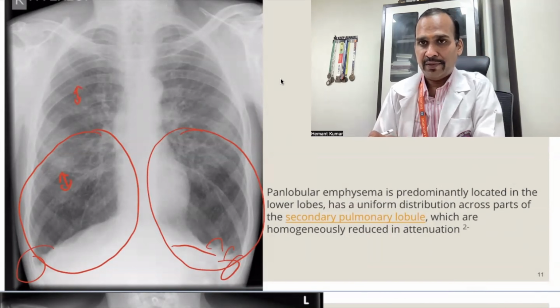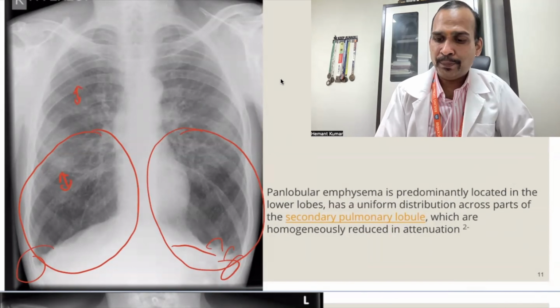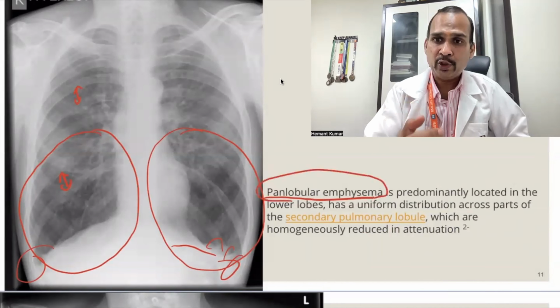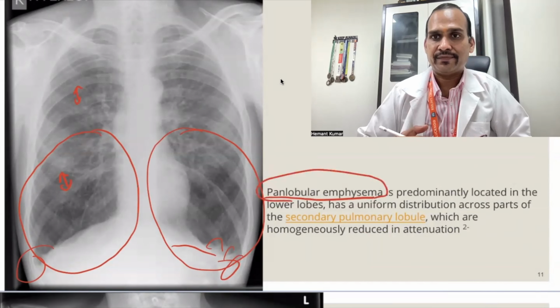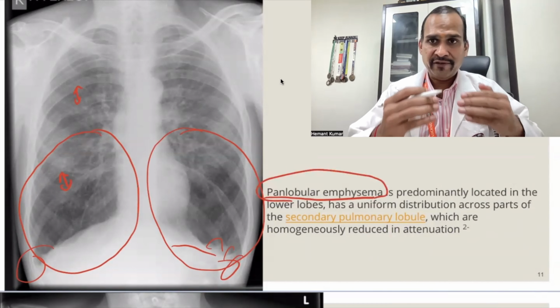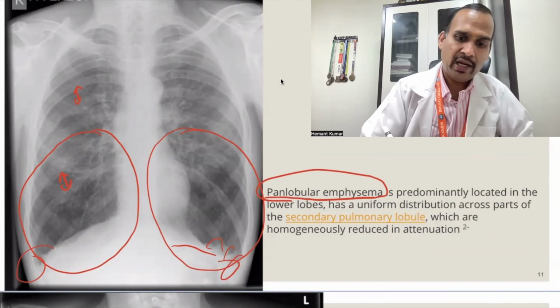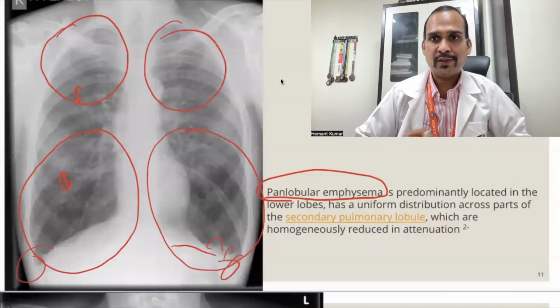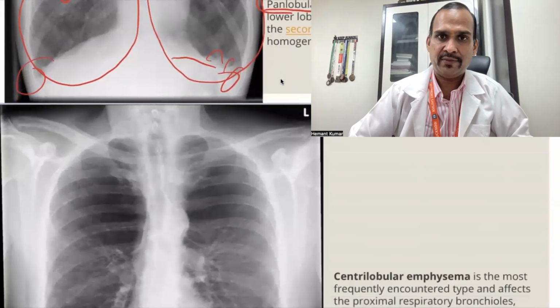Lower lobe emphysema. So in panlobular emphysema, there is lower lobe predominant emphysema, while the upper lobe is quite normal. So this is a case of panlobular emphysema.